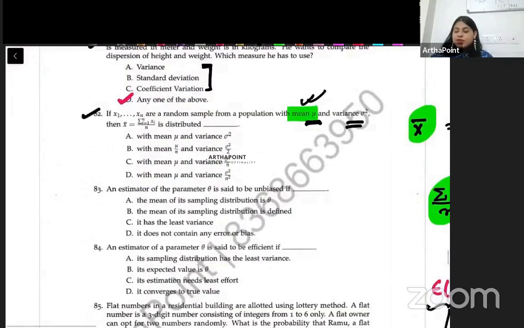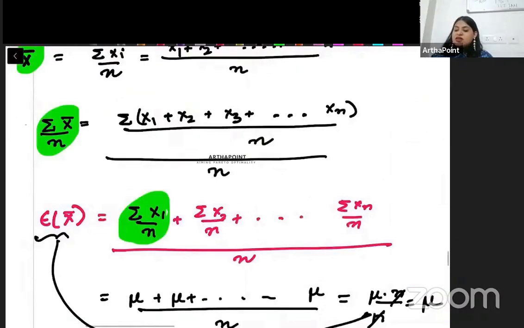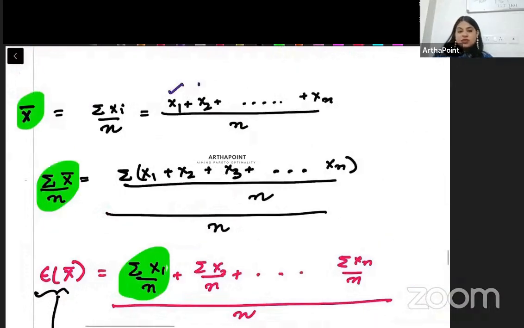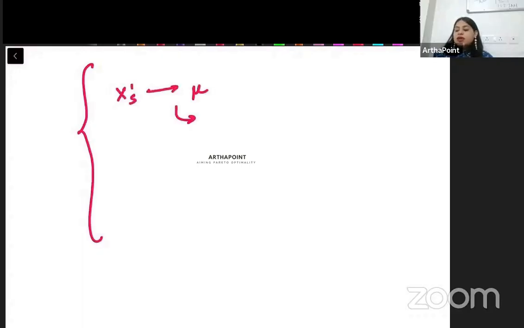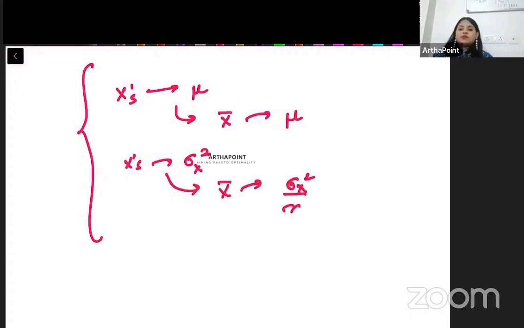In the same way, if each of the xi has variance sigma square, then the variance of x bar will be sigma square by n. I have explained these in detail in class. So each of the xi's, if they have mean mu, then x bar will have mean mu. If their variance is sigma square, then the variance of x bar will be sigma square by n.